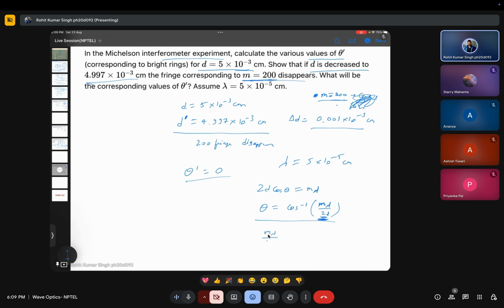So m lambda by 2d should be from 0 to 1, right? So the maximum m that can be there would be 2d by lambda, right?